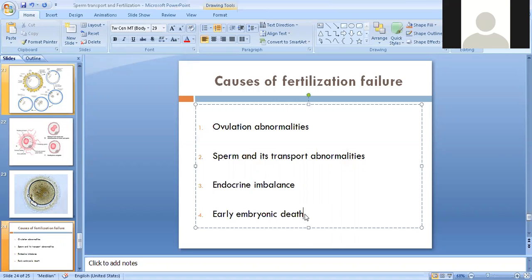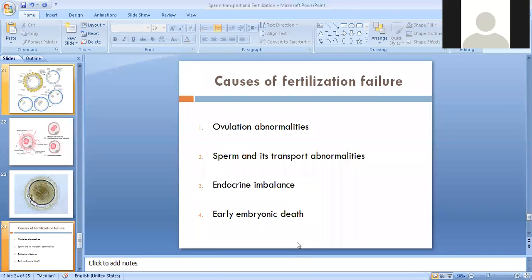If early embryonic death occurs, it will also be considered as failure of fertilization. Though fertilization was there, there won't be any successful pregnancy, right? So all these causes can lead to failure of fertilization.